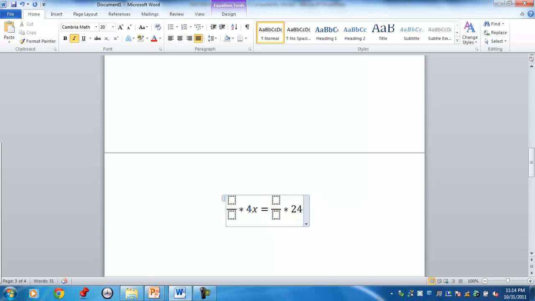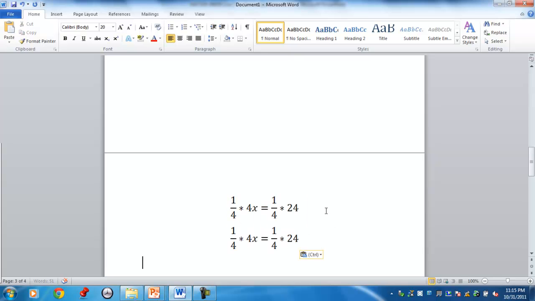In other words, you have a 4 here, meaning that we'd multiply both sides by 1/4. As a result, on the left-hand side, 1/4 times 4 is the same as taking 4 divided by 4.